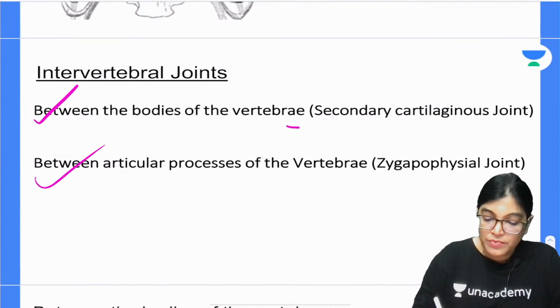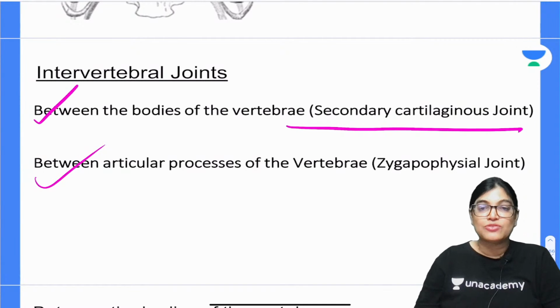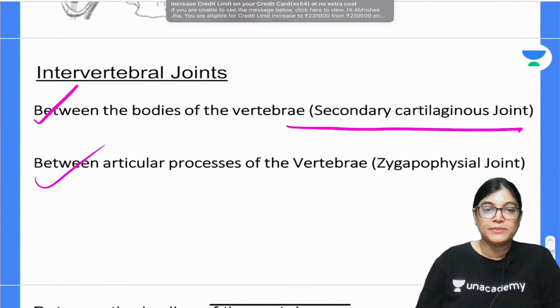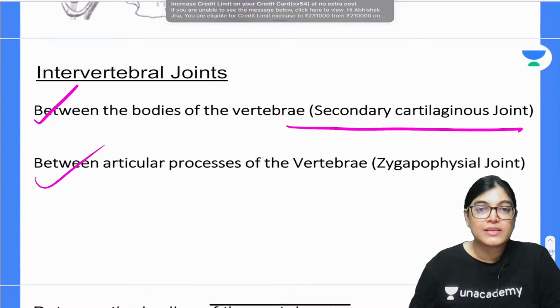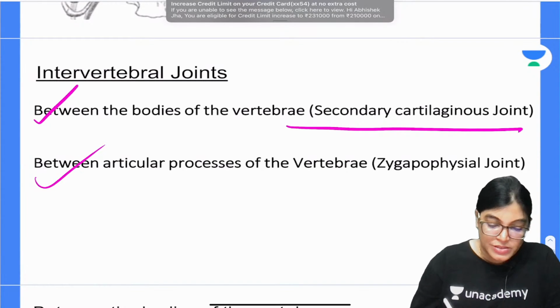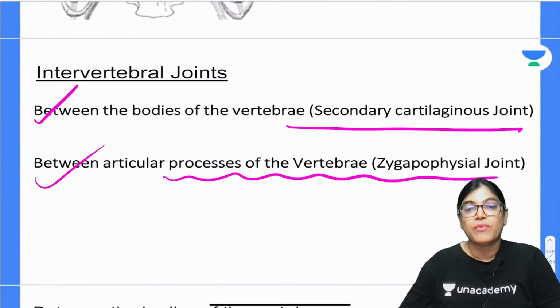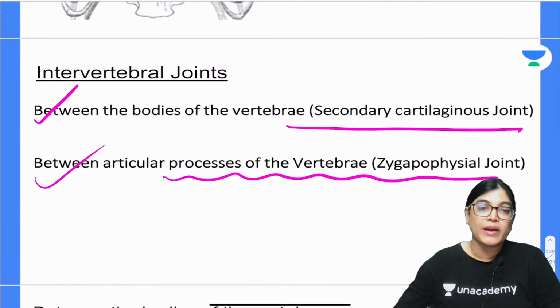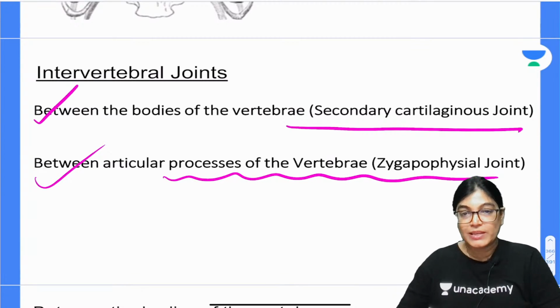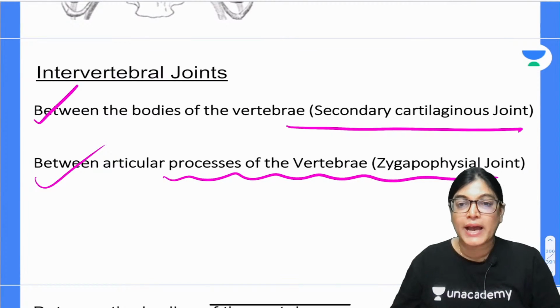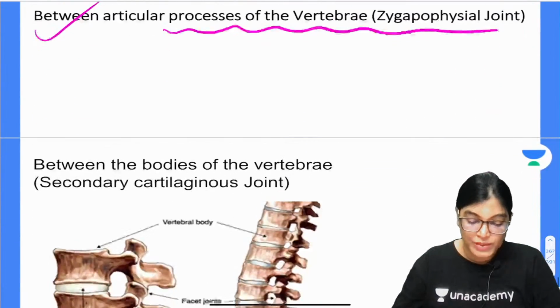Between the bodies of the vertebrae we have a secondary cartilaginous joint in the midline, and articulation between the articular processes of the vertebrae is the zygapophyseal joint, a plain type of synovial joint.